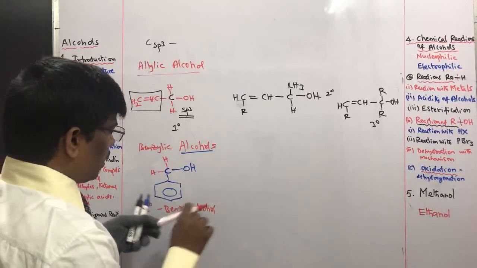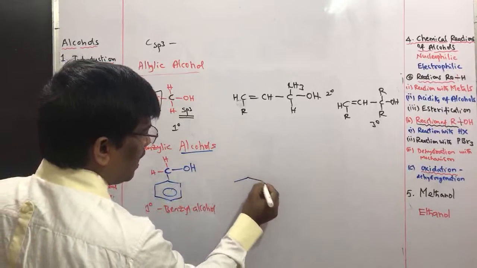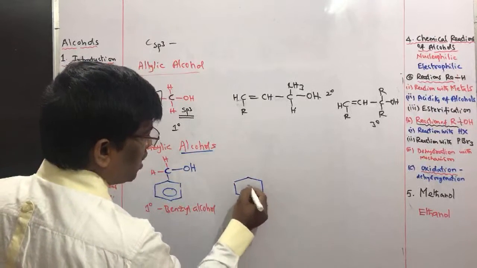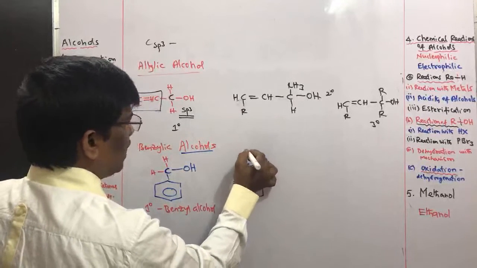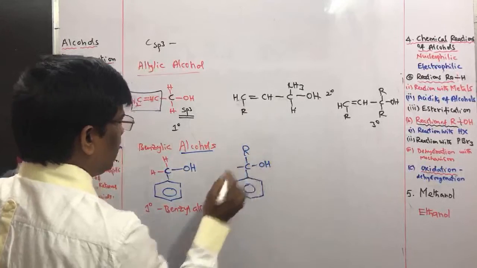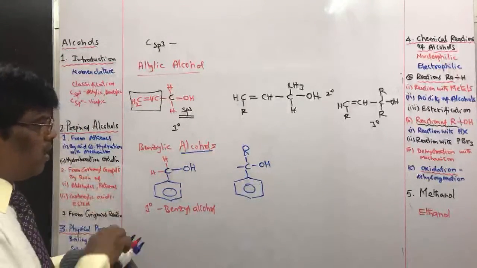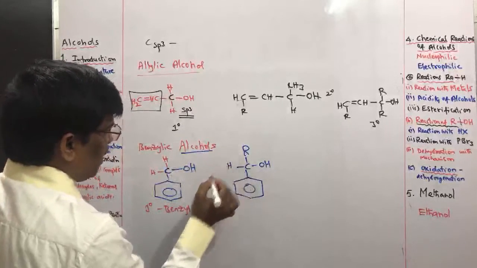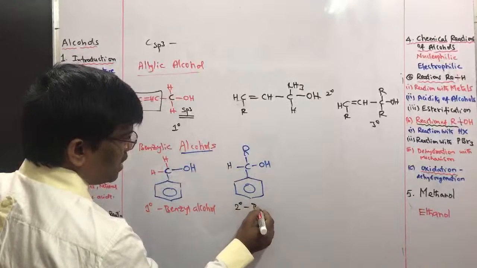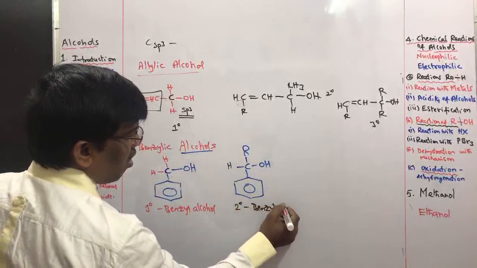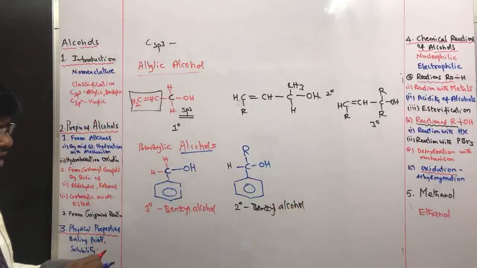If this carbon is attached to other groups, for example aryl or alkyl groups, with OH and an R group, which can be methyl, ethyl or phenyl, and the remaining one is hydrogen, then it is a secondary benzyl alcohol. Right? These are our nomenclature rules.